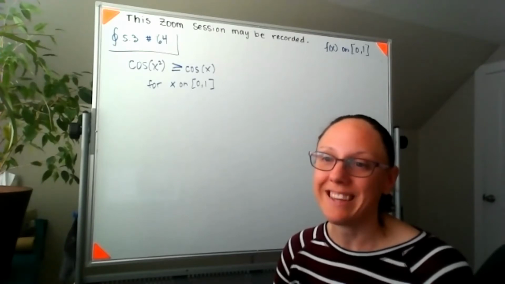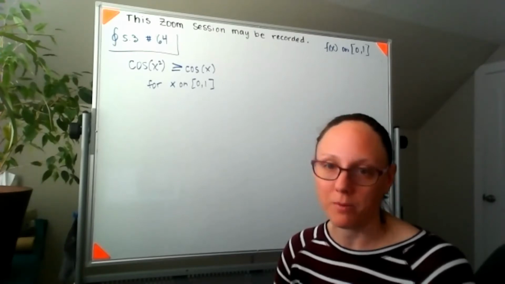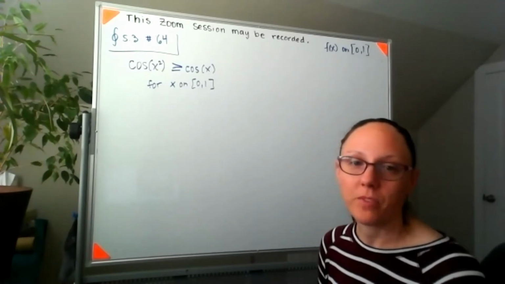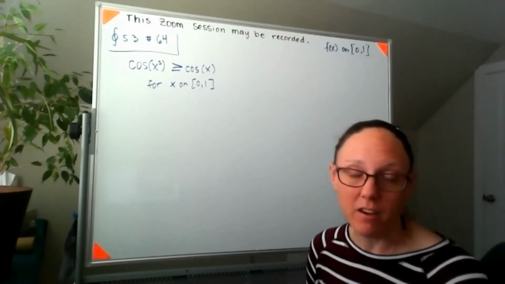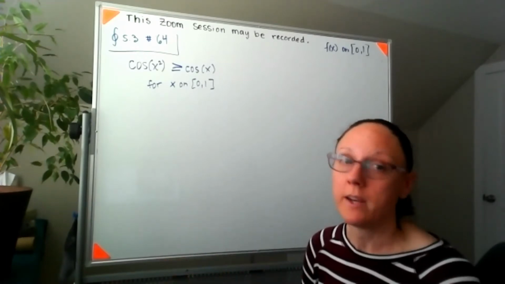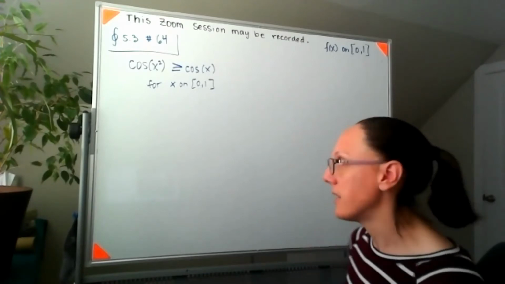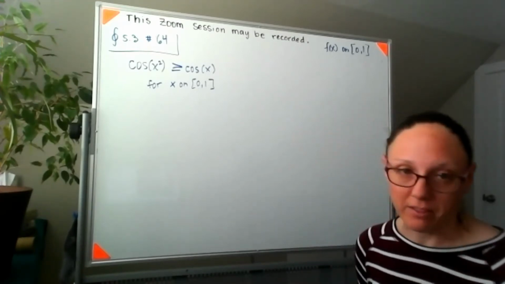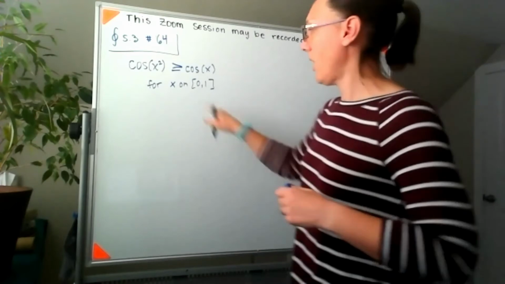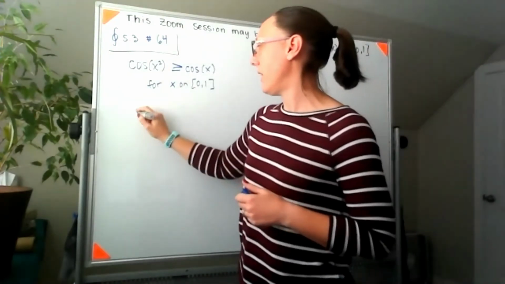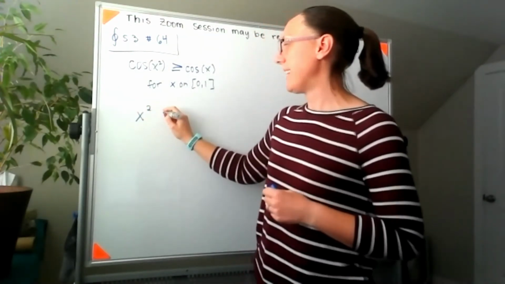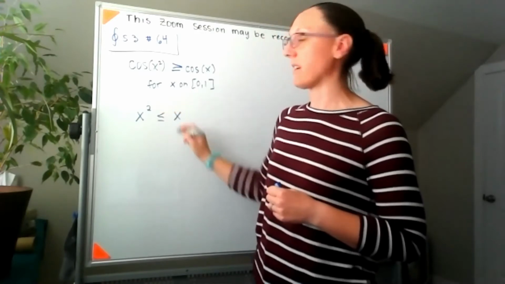If you want an even mathier option, then the only mathy option that I could think of, and maybe somebody came up with a better one, but here are some mathy things that I know. On 0 to 1, x squared is always less than or equal to x.